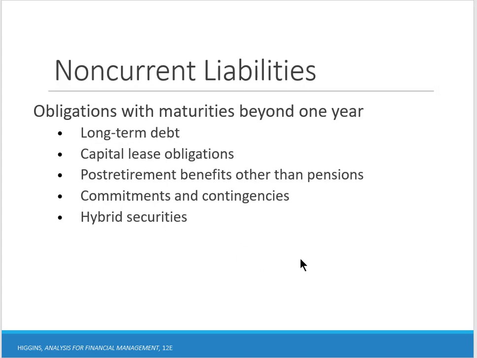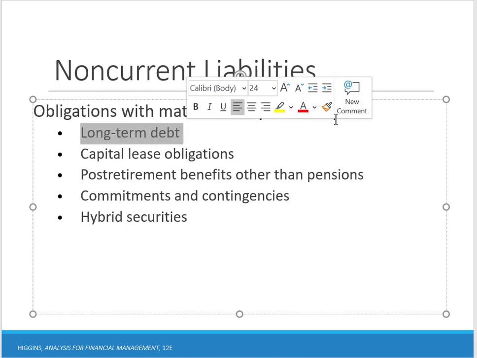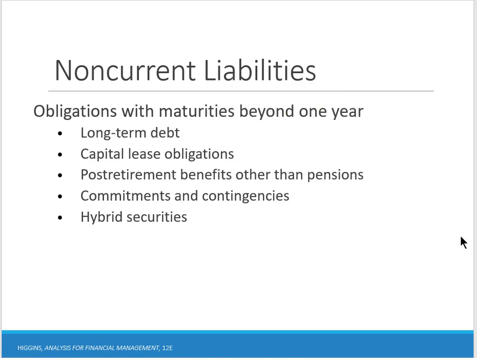Now, the non-current liabilities obviously have maturities greater than 1 year. We primarily are interested in long-term debt, right? These are either loans exceeding a year, or they could be corporate bonds that could have debt that extends to 30 years and beyond.